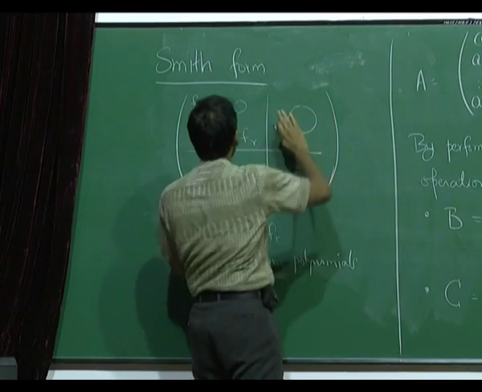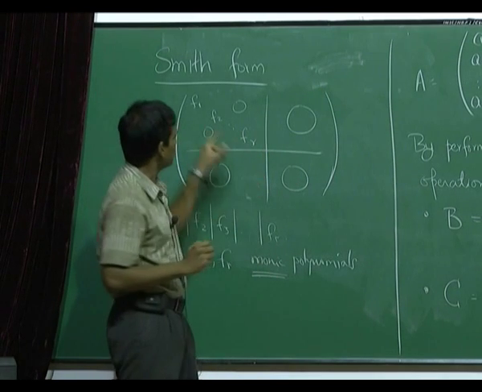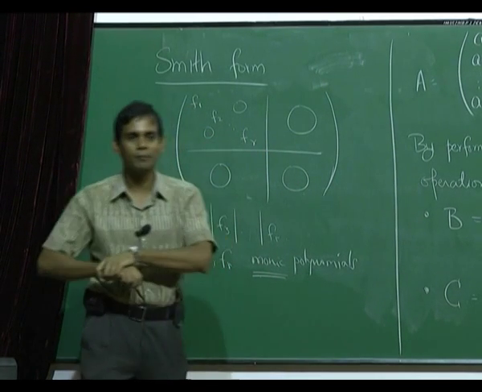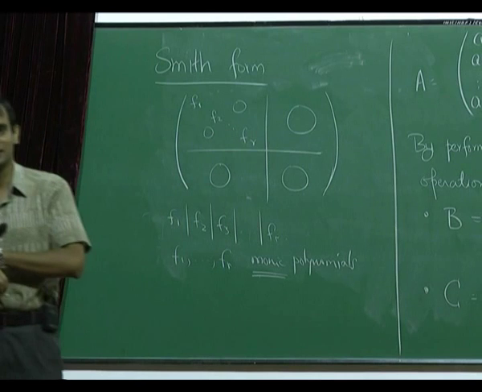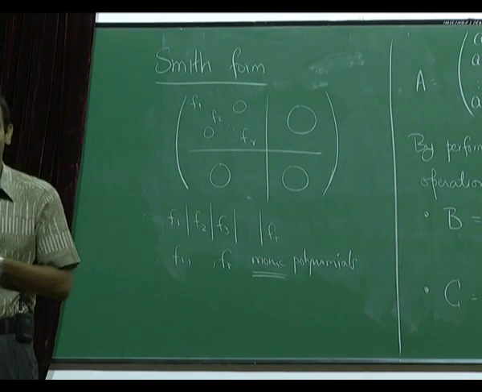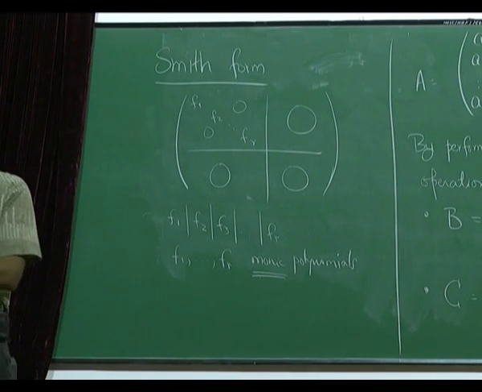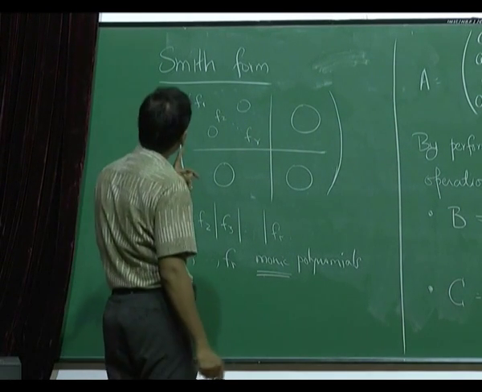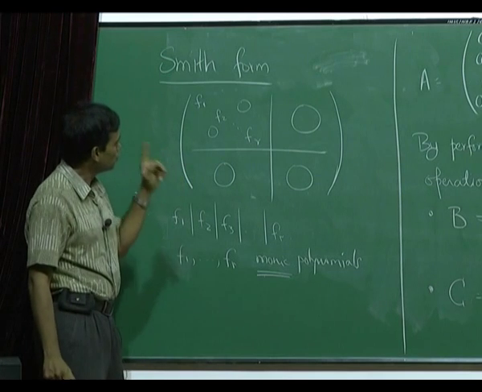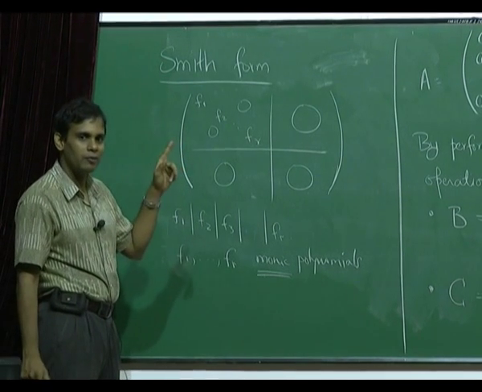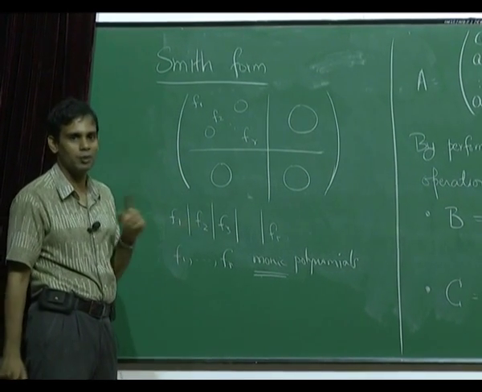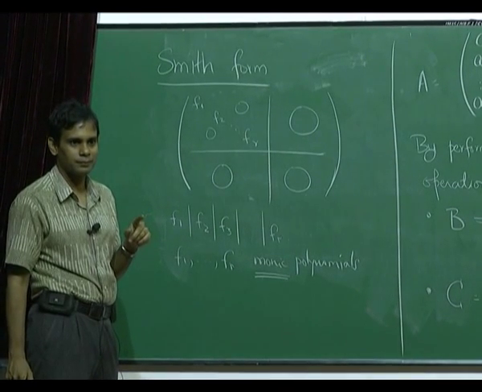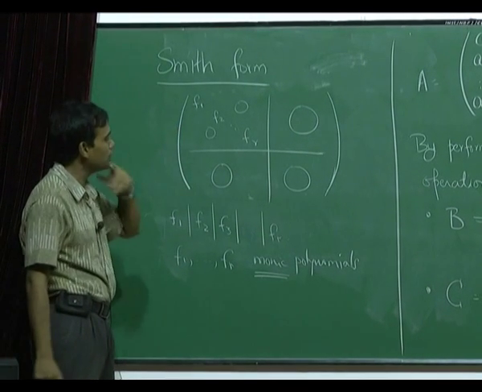So we can ignore the zeros, they won't contribute. So, basically it is the GCD of F1, F2 up to Fr. So, what is it? It is F1 because F1 divides F2, F3, Fr. So what we see is that if two Smith forms are equivalent, then the F1 must be the same for both of them. So at least the F1 part is unique.